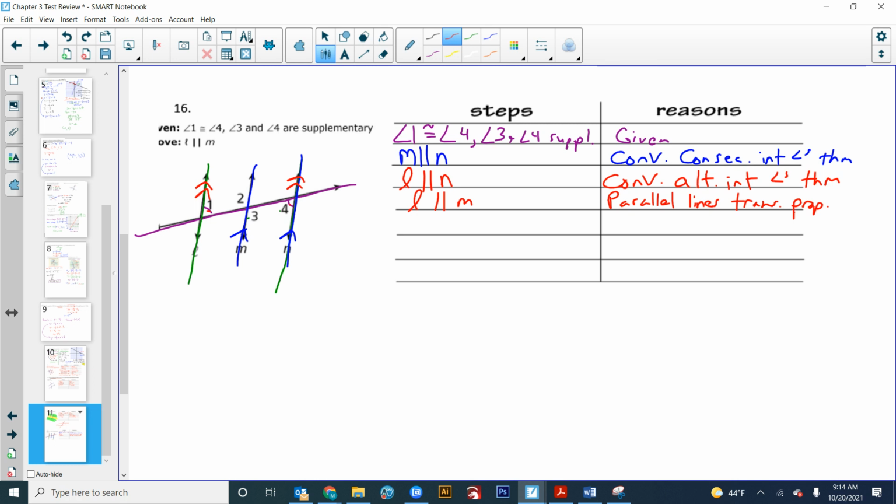So if you somehow showed 1 plus 2 equals 180, not because of consecutive interior, but because 3 plus 4 equals 180, and 4 is congruent to 1, and 3 is congruent to 2, and you did multiple substitutions. Oh, look, 1 plus 2 equals 180. The lines are parallel. Converse of consecutive interior angles.